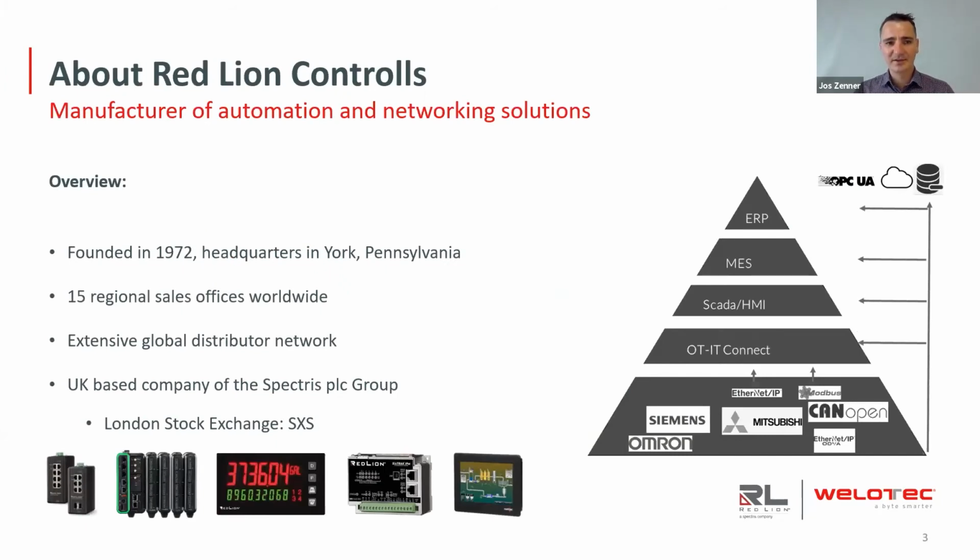Julian, can you talk a little bit about Lion? Yes, thank you. So, shortly introducing Lion Controls. What Lion Controls does for a living is basically we bridge the gap between the machine world, the so-called OT world, and the IT world on the other hand.